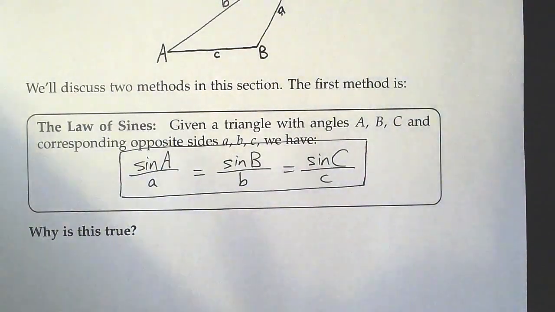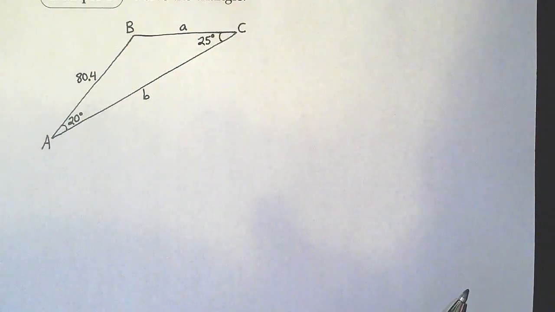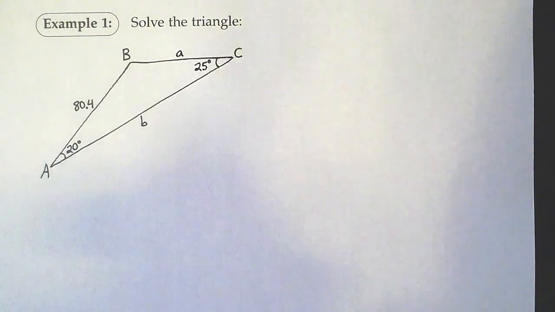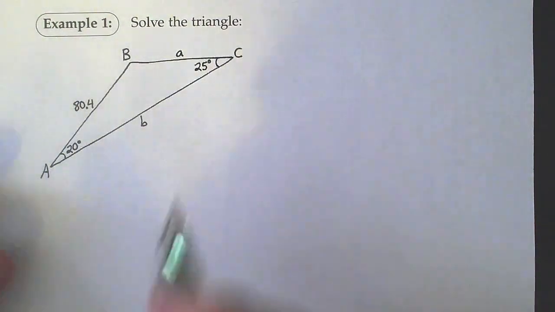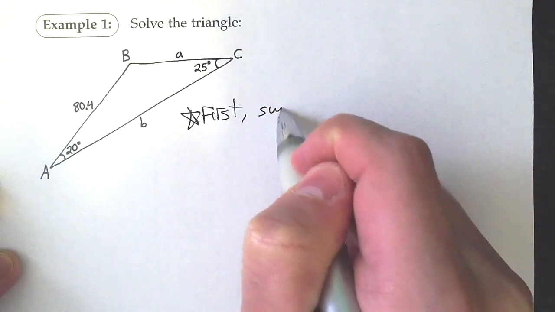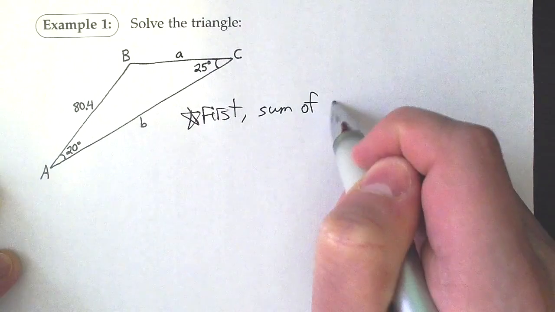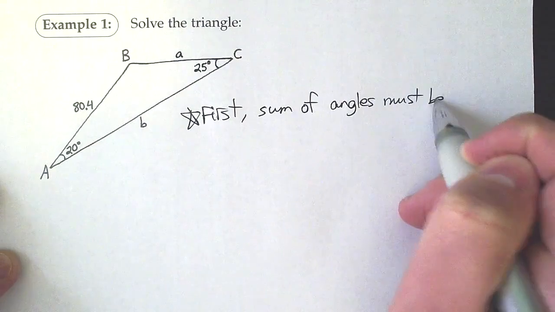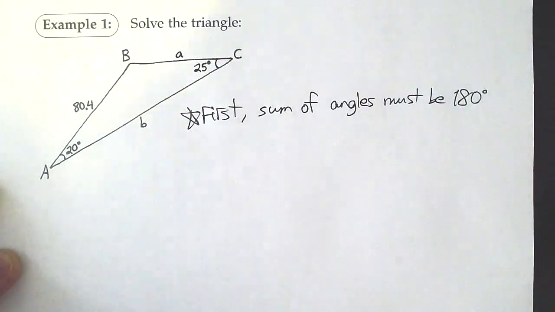All right, so let's make sure we know this formula. We did example 1, so I'm not going to do every step of it, but I'll do a quick recap. I believe this was the last thing that we did in class. First of all, the sum of all 3 angles must be 180 degrees, so you can always use that for any triangle.